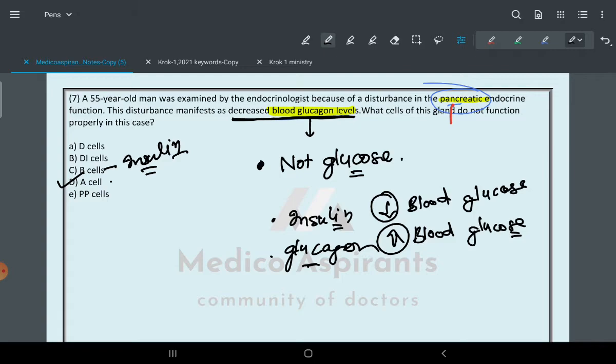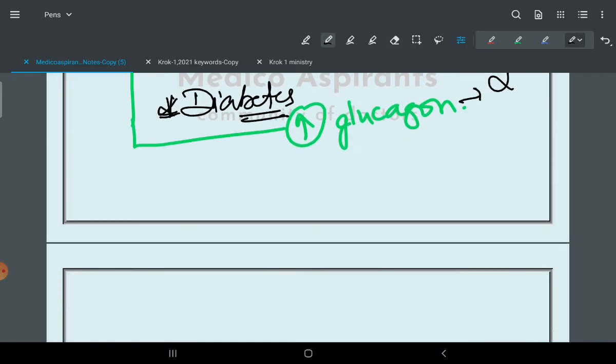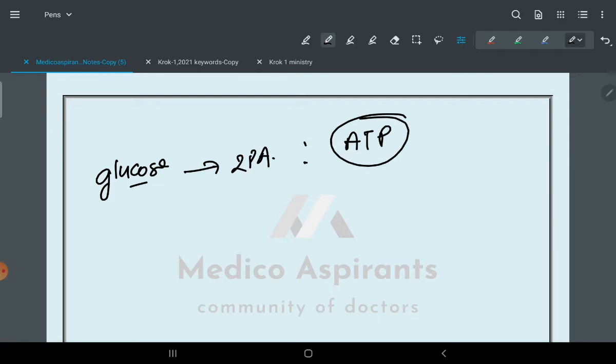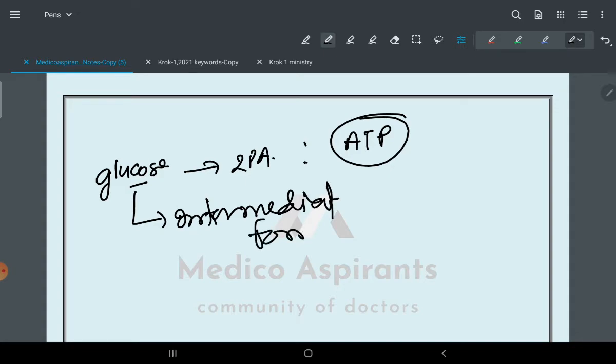You can correlate that: your brain also needs glucose molecules to produce energy. If you remember, glucose molecules produce 2 pyruvic acid in glycolysis, and the result is the formation of energy. Also, many intermediate compounds form, as I taught you in my class.